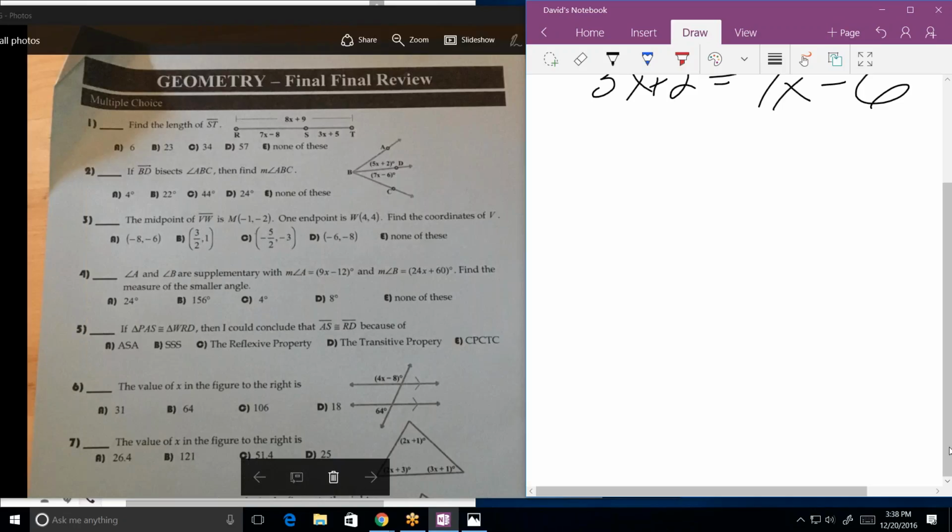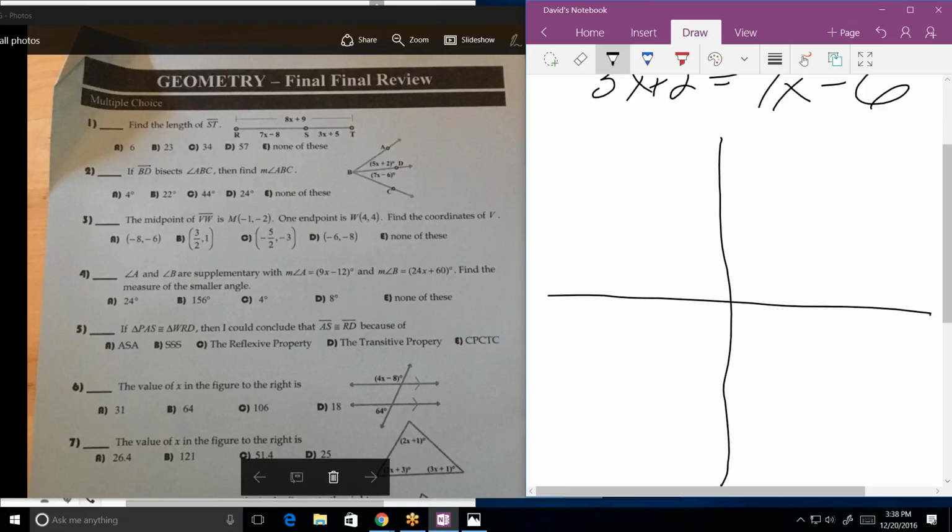The midpoint they give you, and they give you one endpoint. And what they're asking for is the other endpoint. Now, I find it helpful on these to draw a picture and label the midpoint, -1, -2.